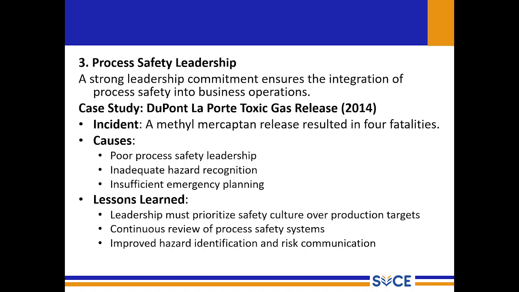It happened exactly on November 15, 2014. Location is the DuPont chemical plant, La Porte, Texas. So what happened? A toxic gas leak occurred due to a failure in the methyl mercaptan storage system.